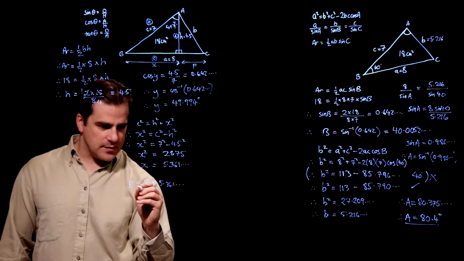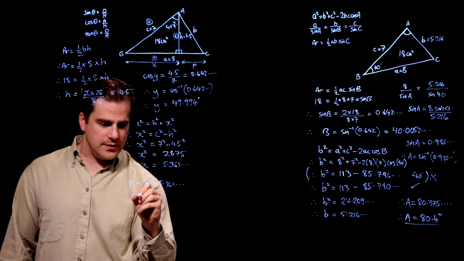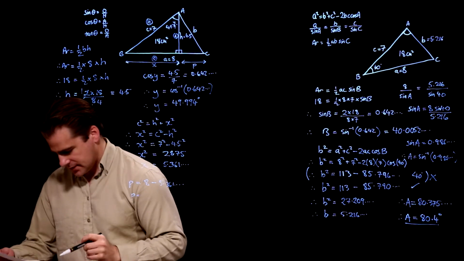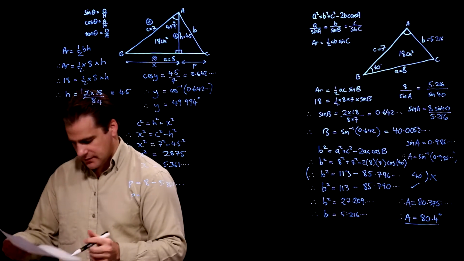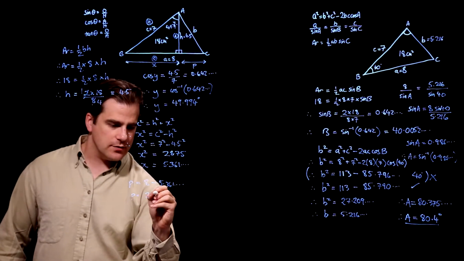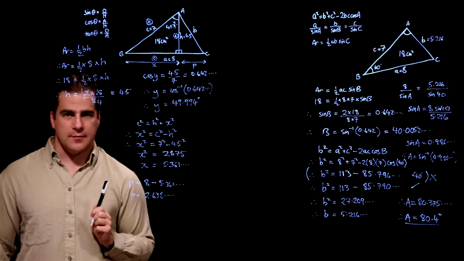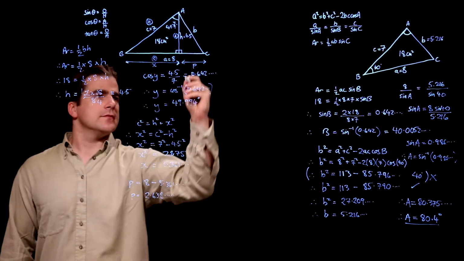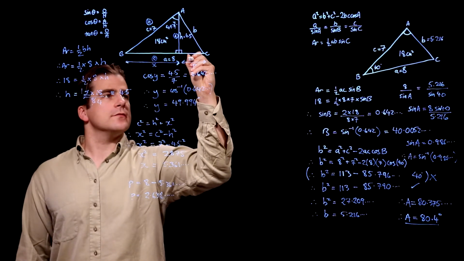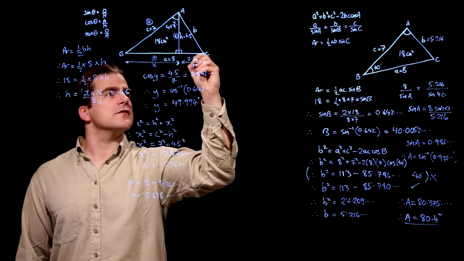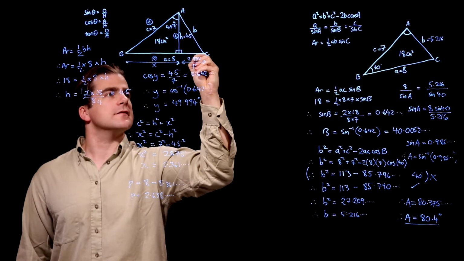Use your calculator's memory recall and you get P is 2.638, something, something, something. Get it in your memory.